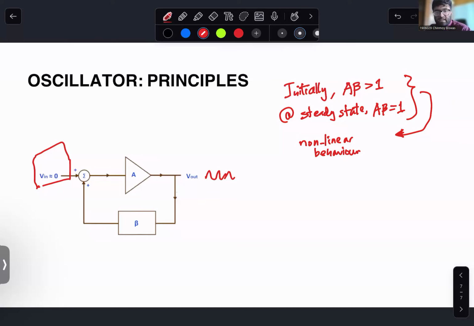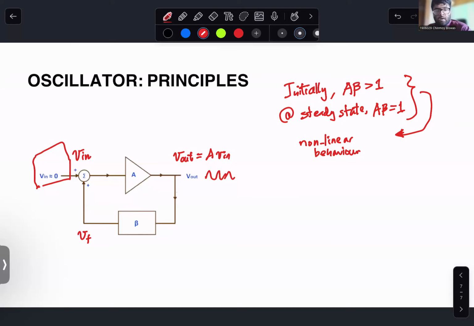Now let's mathematically derive the Barkhausen criteria. Initially, let's say input signal Vin is applied. So at the first run, V out will be A times Vin. So when this V out is getting feedback, then the output of the feedback circuit will be VF.